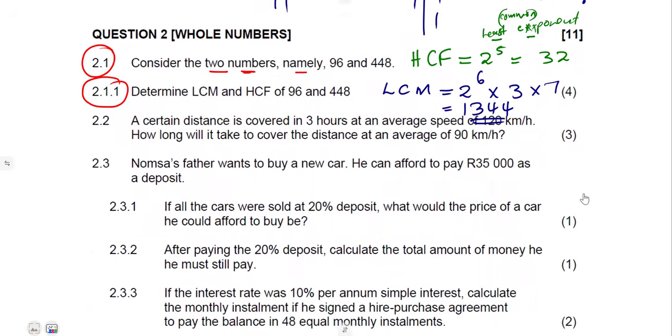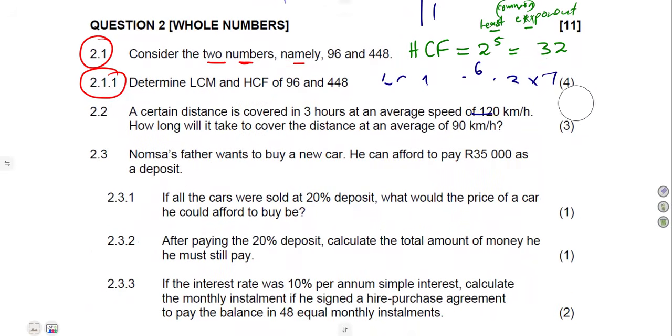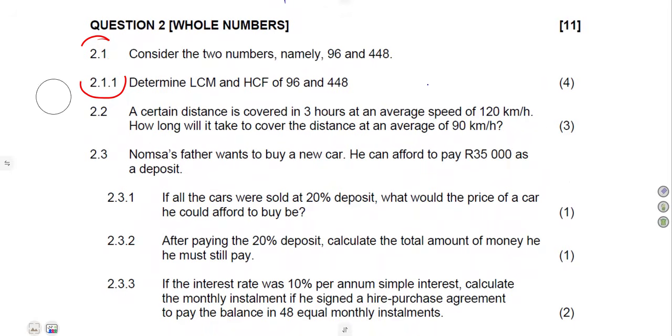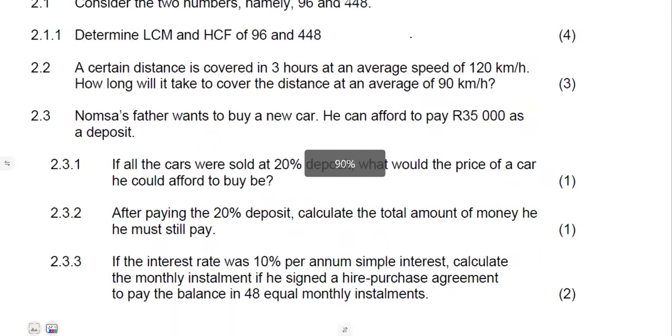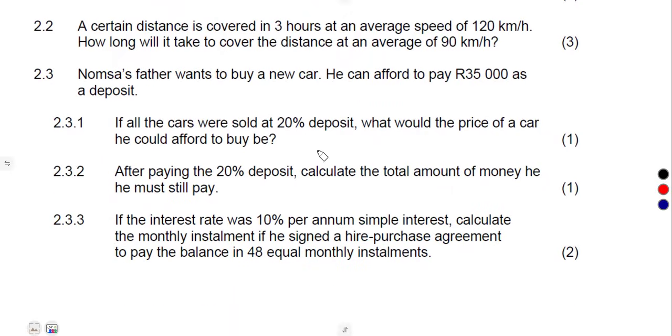All right, moving on to question 2.2, we have a question which we can use under rates. Remember, when you are dealing with rates, the rate of a certain part. All right, so they are saying a certain distance is covered in 3 hours, the time that was taken at an average speed of 120 kilometers per hour.